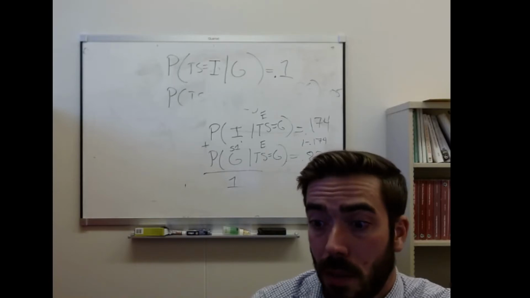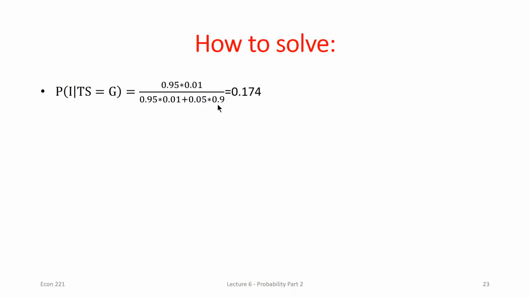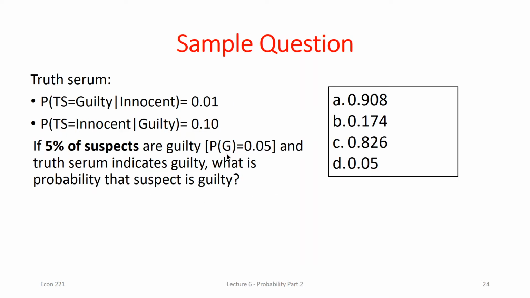With the information we had already found, there's a shortcut because we're conditioning on the same thing: the conditional probabilities of the states of nature have to add up to 1. So if I asked you here, given that the truth theorem makes them say they're guilty, what's the probability that they are actually guilty? Well, that's what I just showed you on the board.